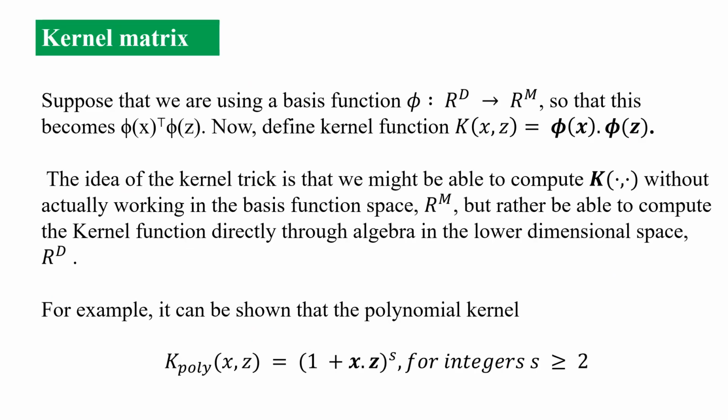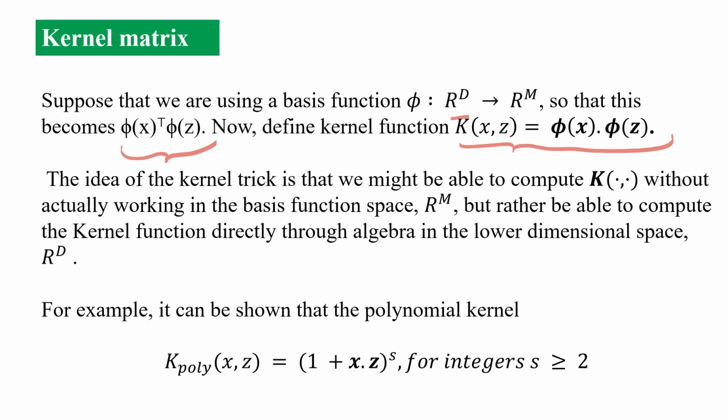So suppose we have our transformation matrix from dimension Rd to Rm, and we want phi x dot phi z, or phi x transpose into phi z, to get the inner product. Let us define a kernel function k(x,z) equal to this dot product.